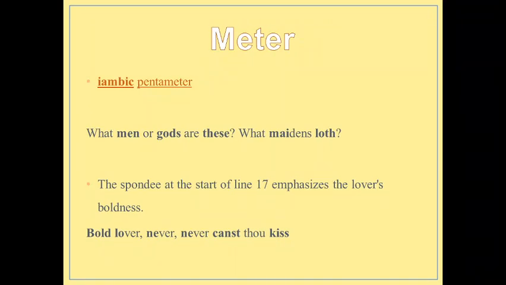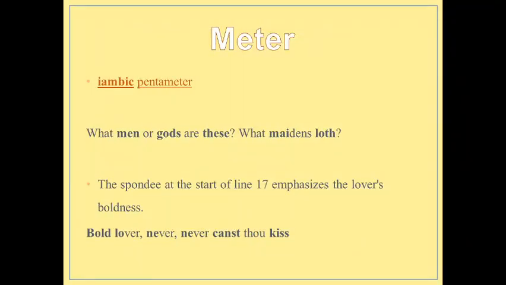Here I wrote for you, "What men or gods are these? What maidens loth?" There are, of course, some deliberate variations of the iambic pentameter throughout. Line 11, for example, can be scanned as having a spondaic first foot, but line 17 emphasizes the lover's boldness: "Bold lover, never, never canst thou kiss."